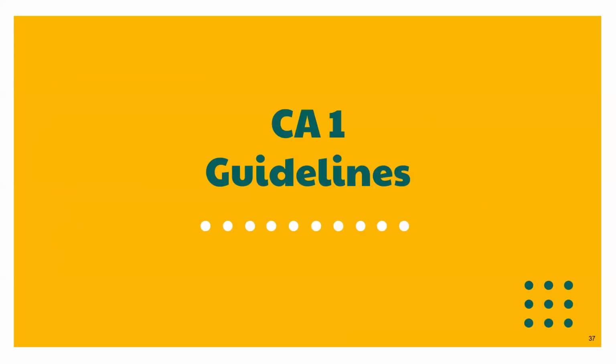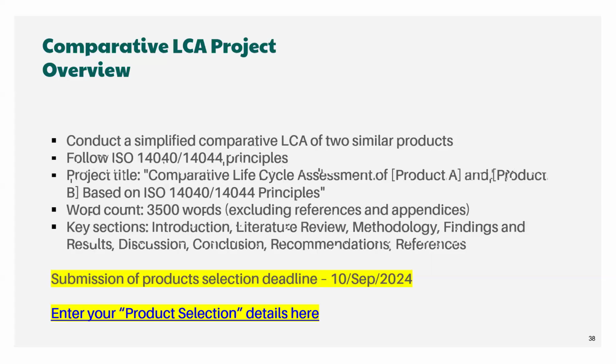So now let us understand the CA1 assignment guidelines. We have already shared a comprehensive description of our exemplar reports and a detailed description. You can take any two products. For example, you can take a disposable coffee cup made up of paper and a disposable coffee cup made up of plastic, and you can collect the input and output flows of your selected products, and you can draw conclusions on the process steps and environmental impact.